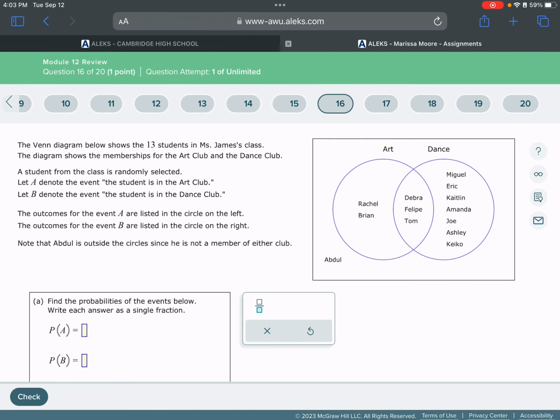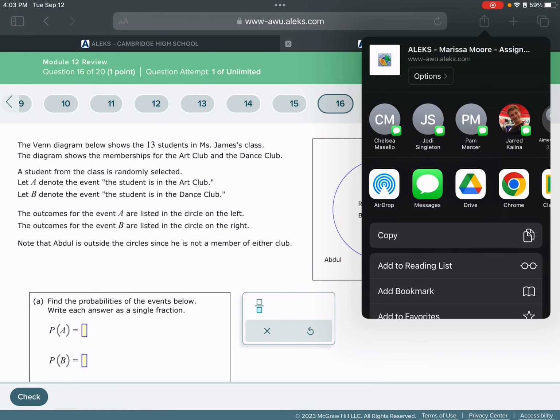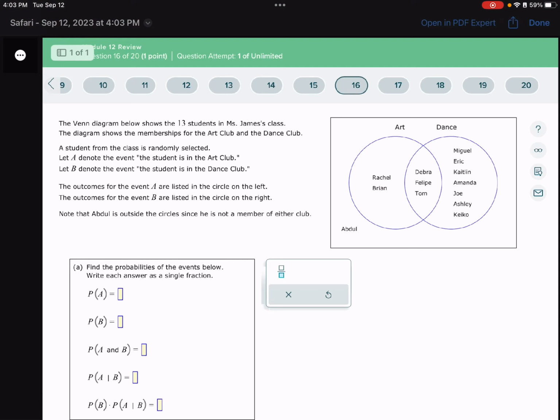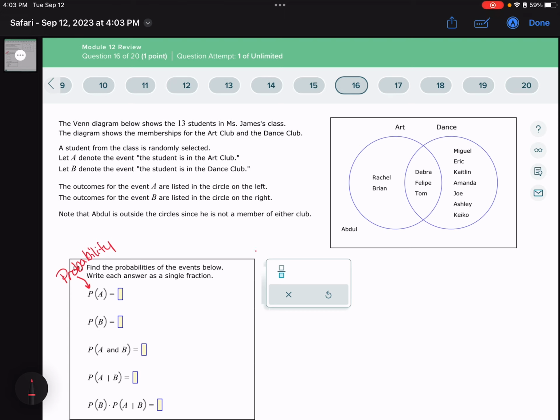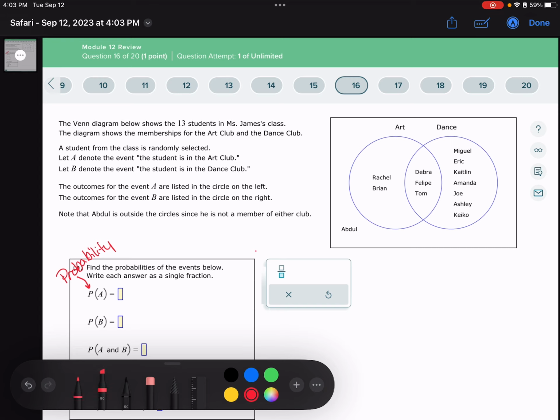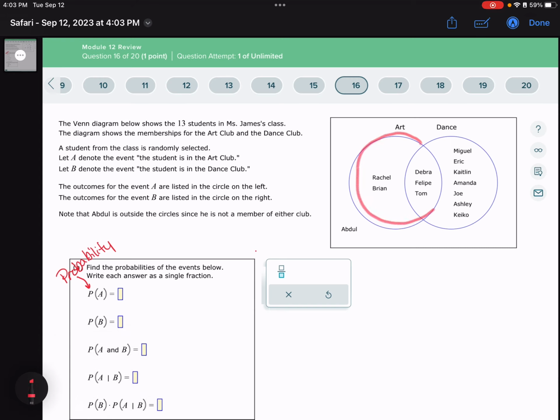16. Venn diagram problem. All right, so I'm asked for probabilities. Remember that this P here stands for probability. So I want the probability of circle A. A is the circle on the left, so it is this circle. And there are 1, 2, 3, 4, 5 people out of my 13 students in the circle.